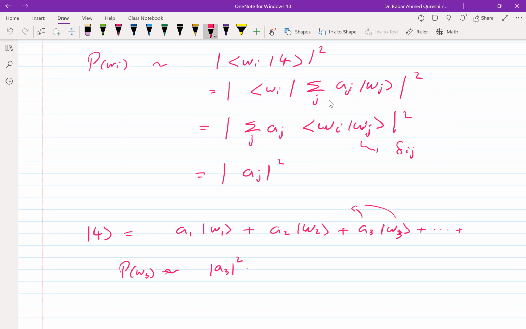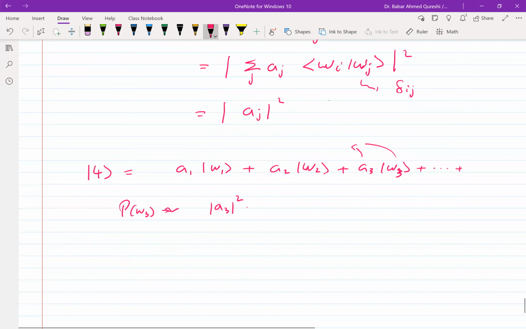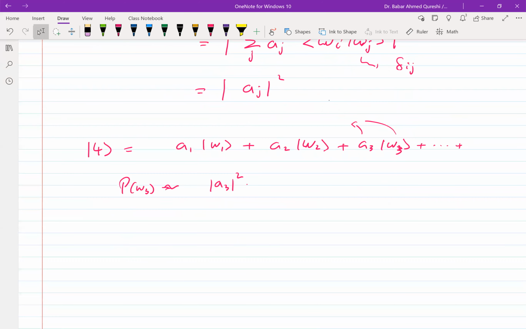Now, if I want to make it an equality, then what do I have?